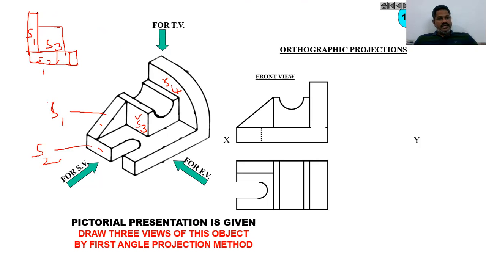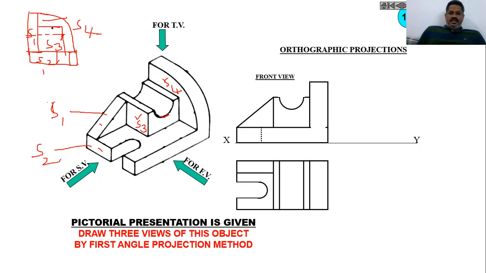Take a compass, take the radius, and connect this like this. This is our S4. We will also have one dotted line here because this edge we cannot see, so we need to represent that as a dotted line at the appropriate height up to this point.